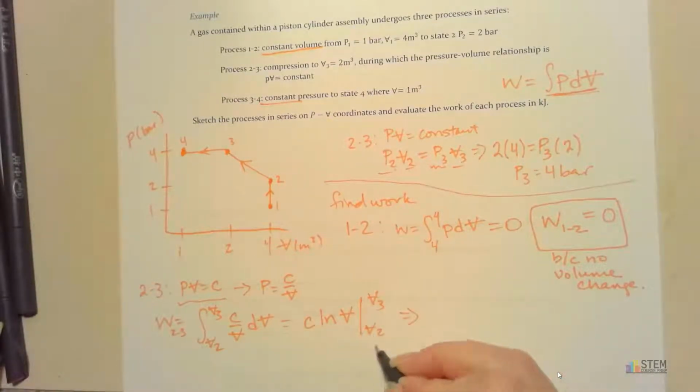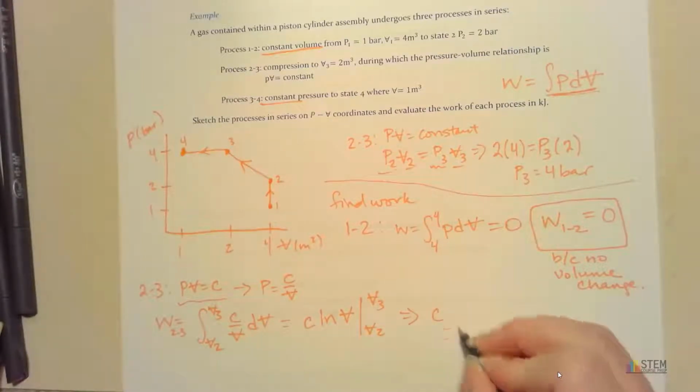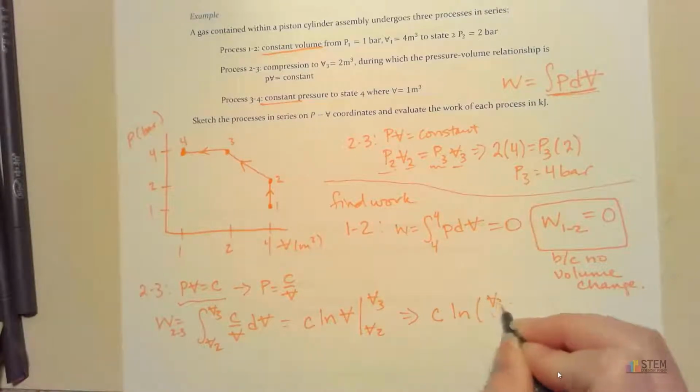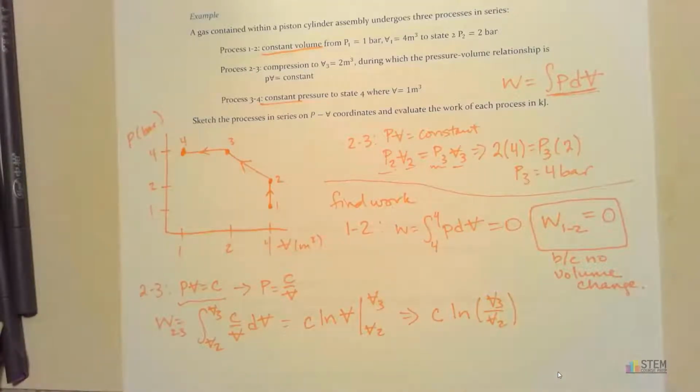So when you plug these in and subtract, remember when you subtract natural logs, you could put it in that fraction form. So we'll have C times the natural log of V3 over V2. Right. And we'll plug in our numbers in just a second. Next thing we want to do is get rid of this C, because I don't have a value yet. I need a value for this.